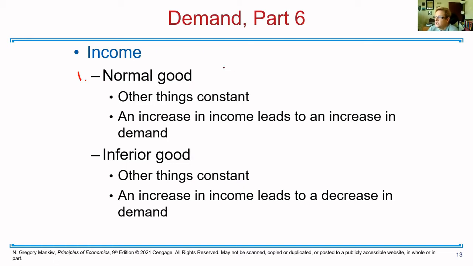Normal goods, if you get an increase in income, let's just call it a raise, that just makes it easier, then what's going to happen is your demand is going to increase for normal goods.